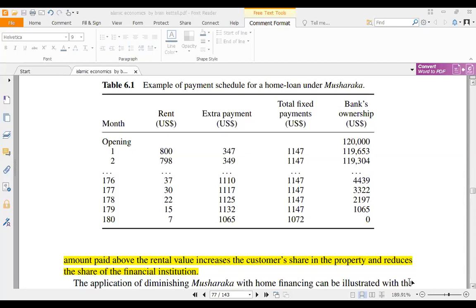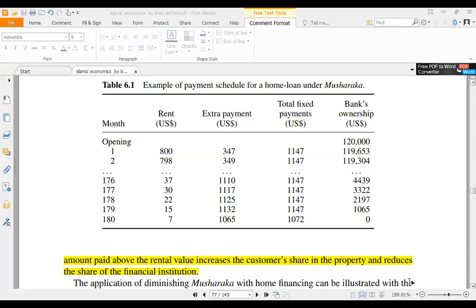So according to the ownership, the rent will be distributed. 80% of 1,000 is 800, 20% of 1,000 is 200. 200 for the customer, 800 for the bank. This is the first condition.